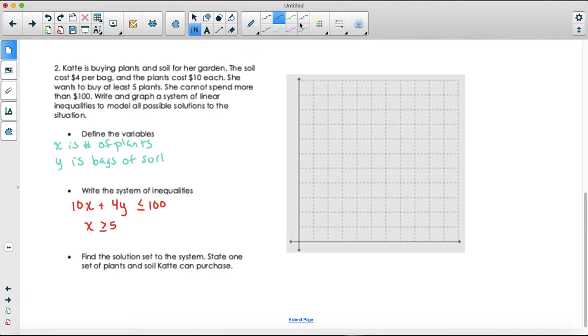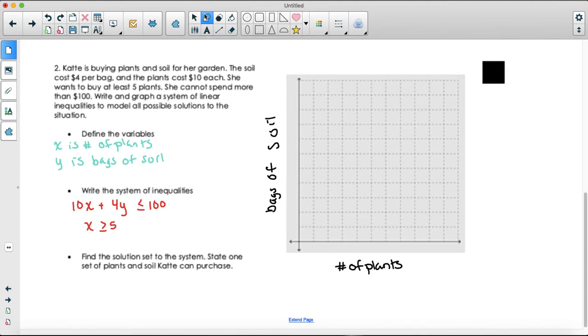So since x is number of plants and y is bags of soil, let's determine what we should count by. So the x's have to go up to at least 5, but what else can the x's go up to? So if I take my block here, I cover up my y, and I solve for x.